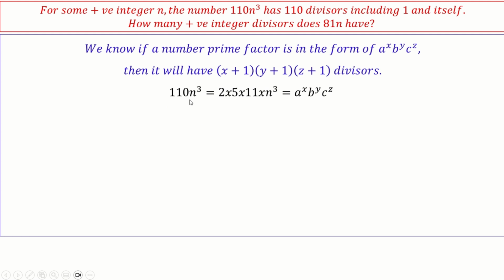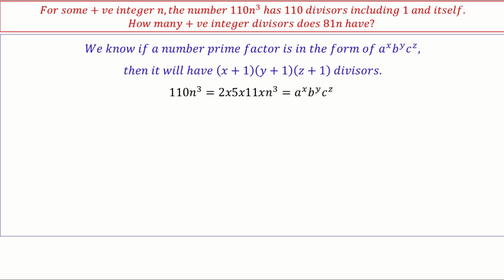Now you take 110 n cube. 110 I can write as 2 into 5 into 11 into n cube. Now if n cube is different from 2, 5 and 11, then it will have 2 into 2 into 2 into some 4 divisors, because n is different from 2, 5 and 11, correct?